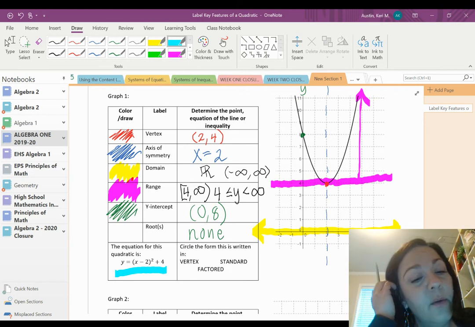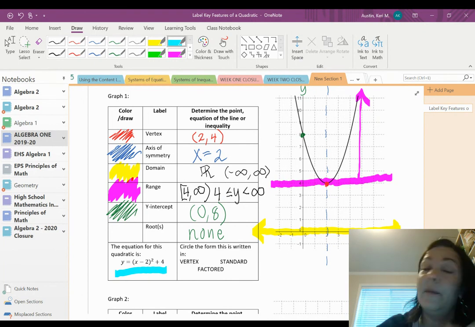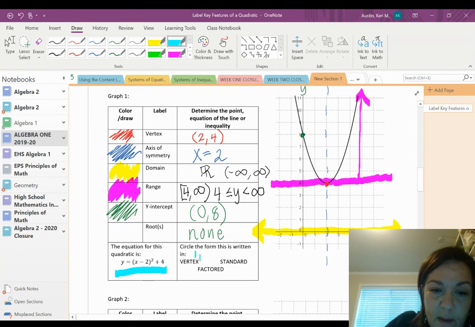Maybe you wrote down the different forms, or you can go back and listen. This is in vertex form. And the reason I can tell is because it's got one parenthesis with something squared, plus, it doesn't have to have a plus after it. So you have to kind of get good at recognizing those different forms.